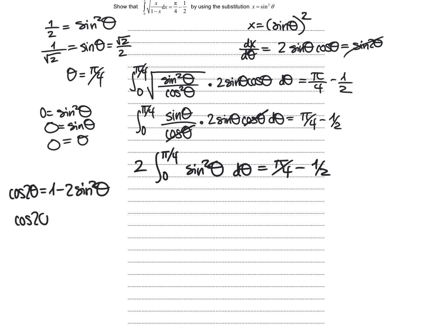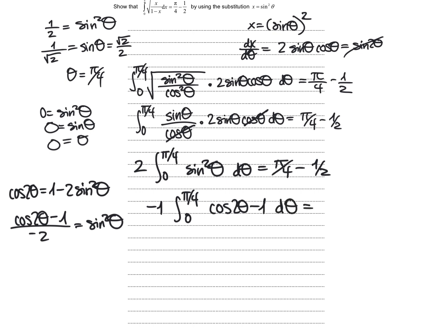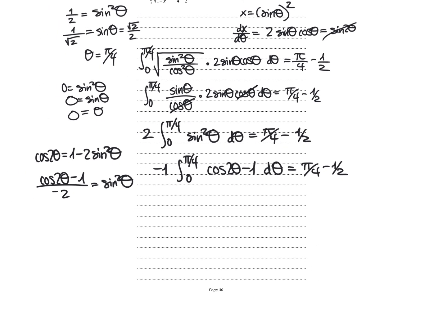So cosine 2 theta minus 1 over negative 2 is sine squared. So taking out the negative divided by negative 2, that's going to be negative 1. And this is cosine 2 theta minus 1 d theta, pi over 4 minus 1/2. Okay, so then this becomes sine 2 theta over 2 minus theta, and that's 0 to pi over 4, and the negative 1 I'm going to go to the other side, so that's going to be 1/2 minus pi over 4.